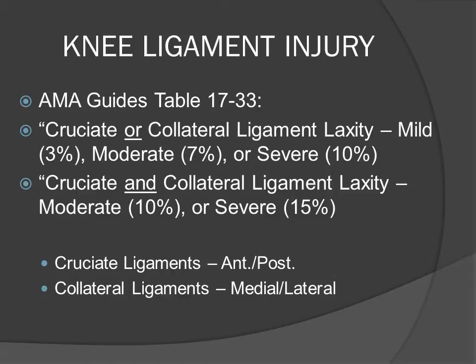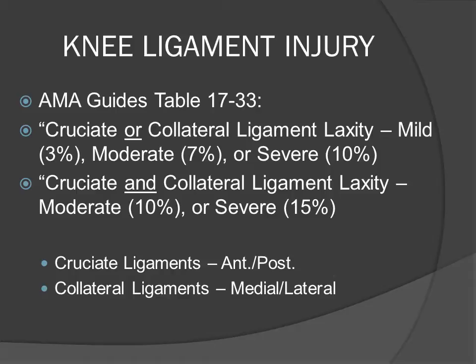Now, the AMA guides also provide for permanent impairment due to residual instability due to cruciate and collateral ligament laxity, providing for 10% whole person impairment in the event of moderate laxity and 15% whole person impairment in the case of severe laxity.